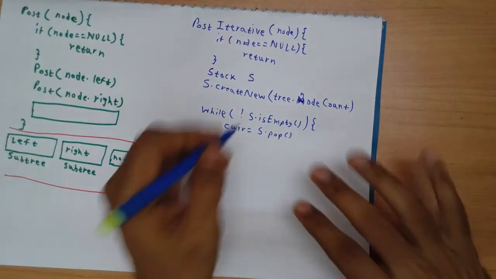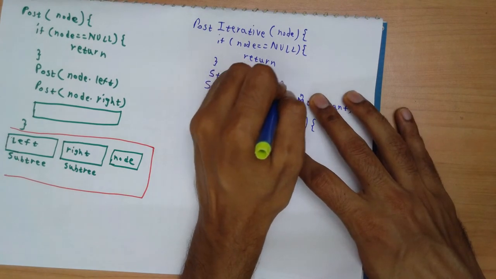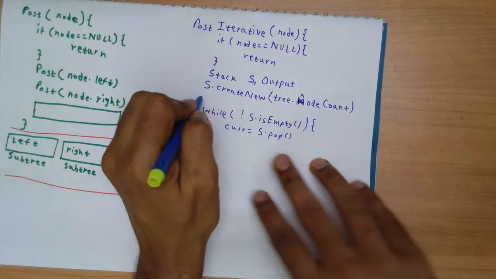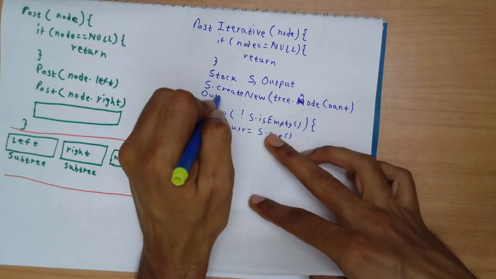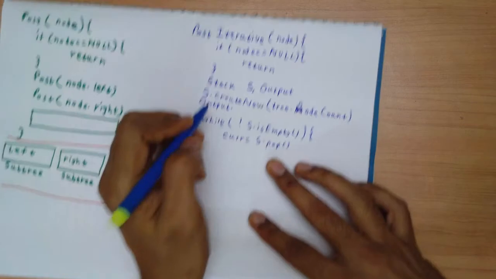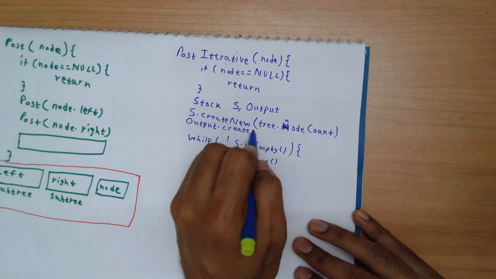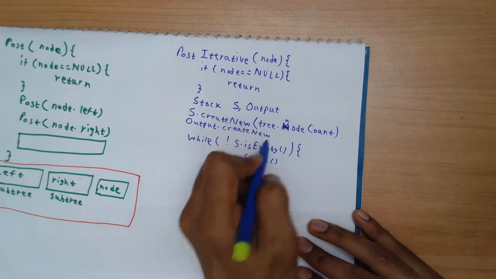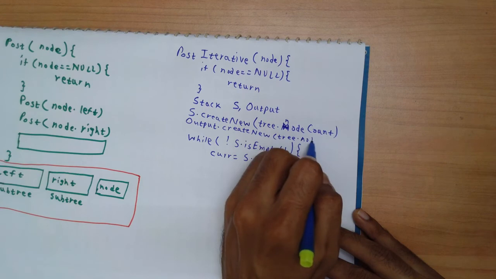So now I'll need one more stack. Let's call it the output stack, and I'll create a new output stack of the same tree's node count.